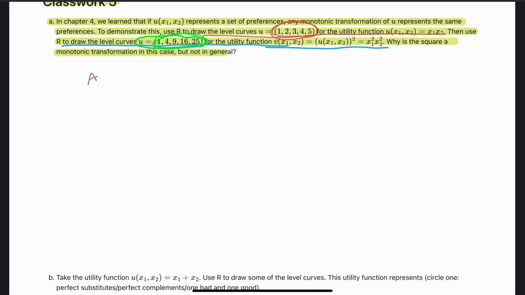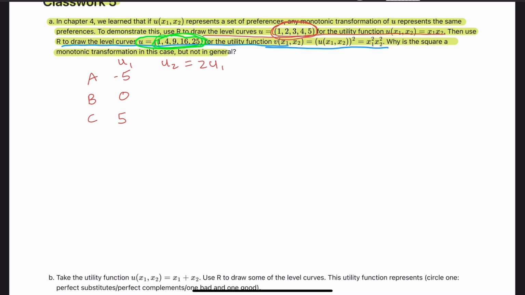We have bundles A, B, and C, and U1 and U2. Let's say bundles A, B, and C have utility, say -5, 0, and then 5, so we like C the most. And then a monotonic transformation is something like 2 times U1, or 2 times U1 plus 3.